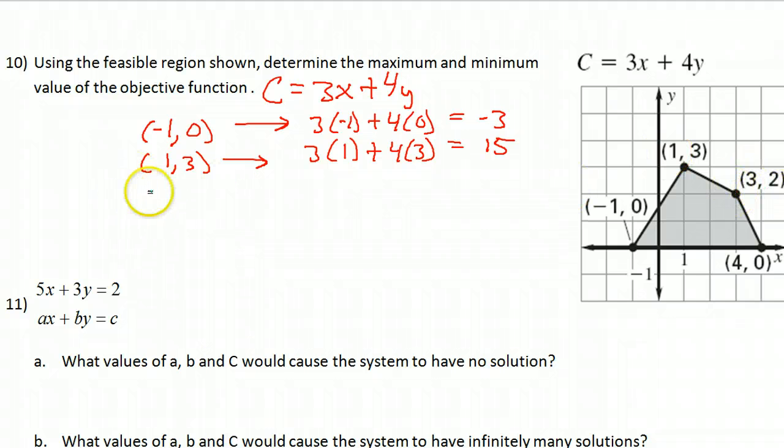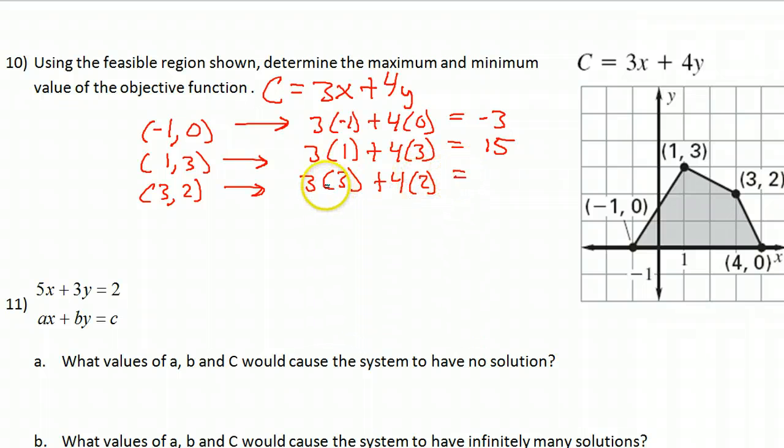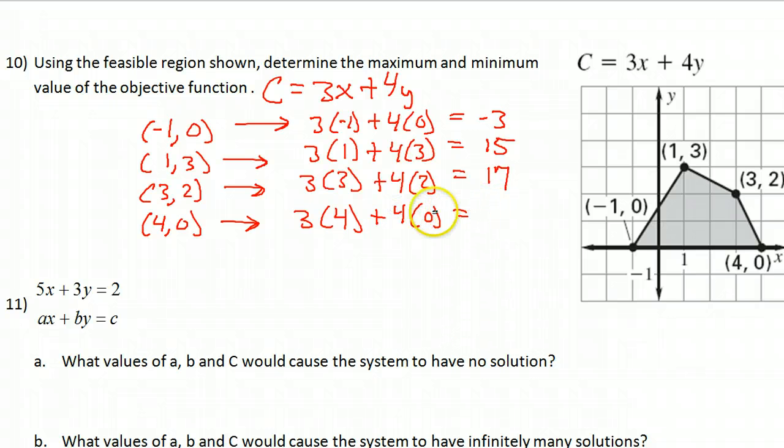Again, 3 comma 2. So here we go. If I put that in, that's 3 times 3 plus 4 times 2. That's 9 plus 8, so that's 17. And if I do 4 comma 0, that's 3 times 4, and then 4 times 0, that's gone, so that's just 12.